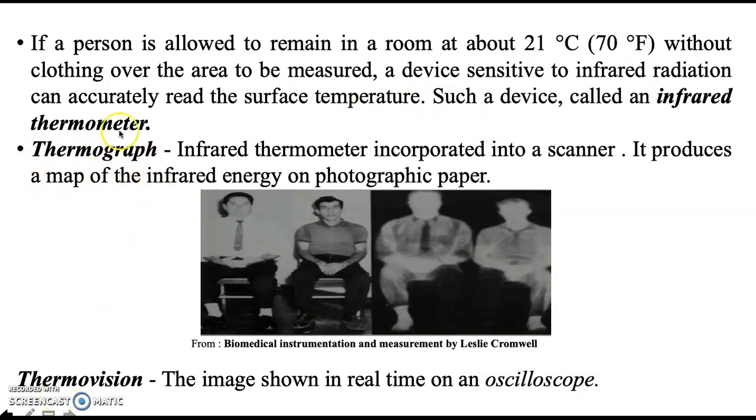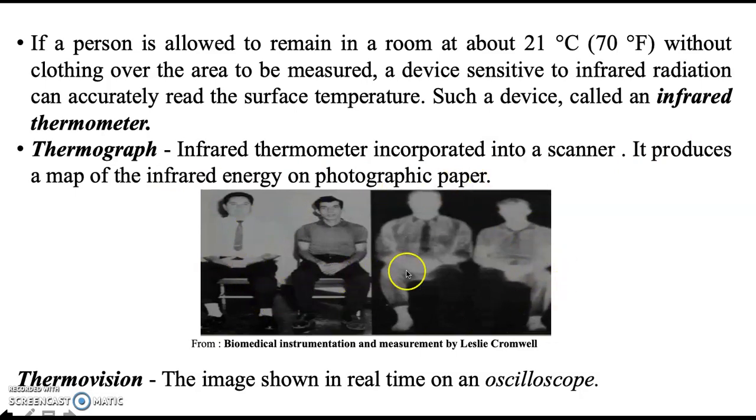Now we'll see about thermograph. Here you have an infrared thermometer incorporated into a scanner. This scanner scans the same way a television camera scans an image, but at a slower rate. As a result, it produces a map of infrared energy on photographic paper. That is, the recorded infrared energy is mapped on the photographic paper so that you get an image like this.